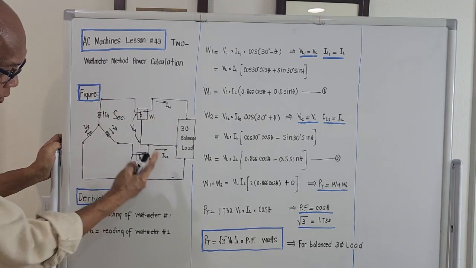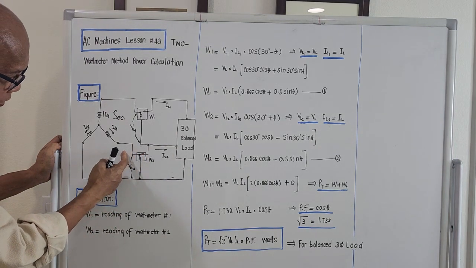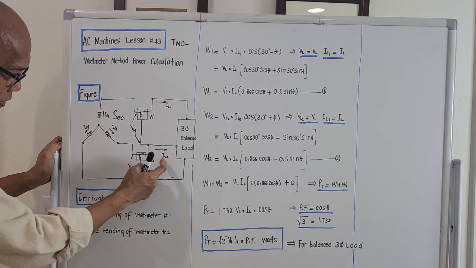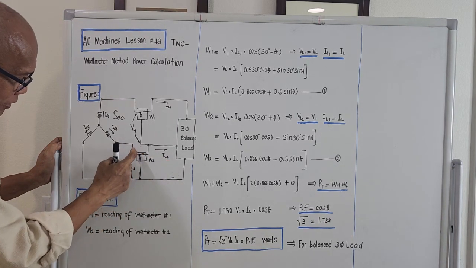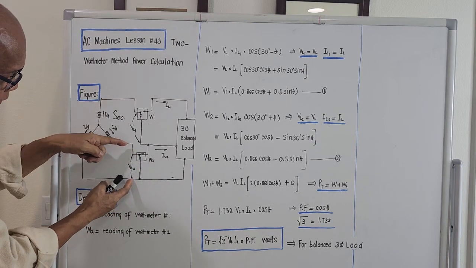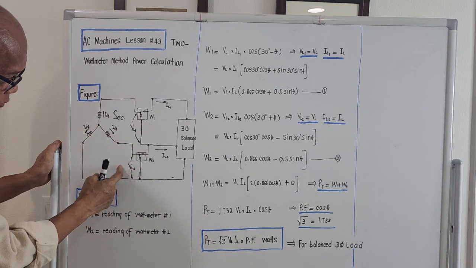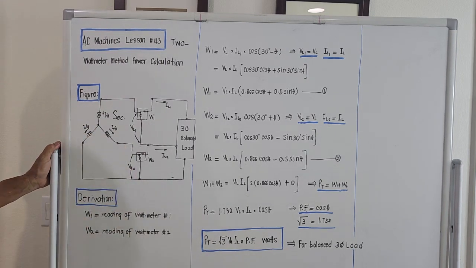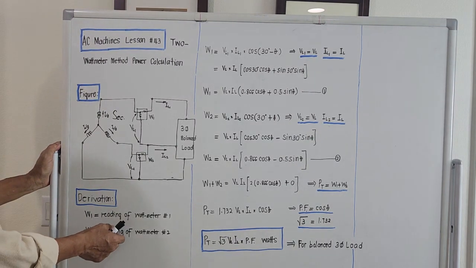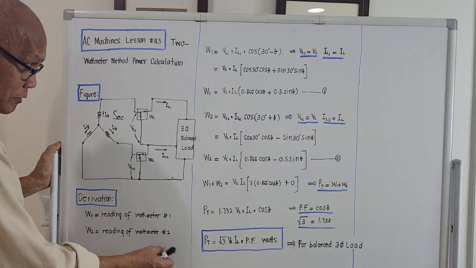For wattmeter number 2, the current passing through its current winding is IL2, and the voltage measured by wattmeter number 2 is BL2, the voltage between line number 1 and number 2. We let W1 be the reading of wattmeter number 1 and W2 the reading of wattmeter number 2.